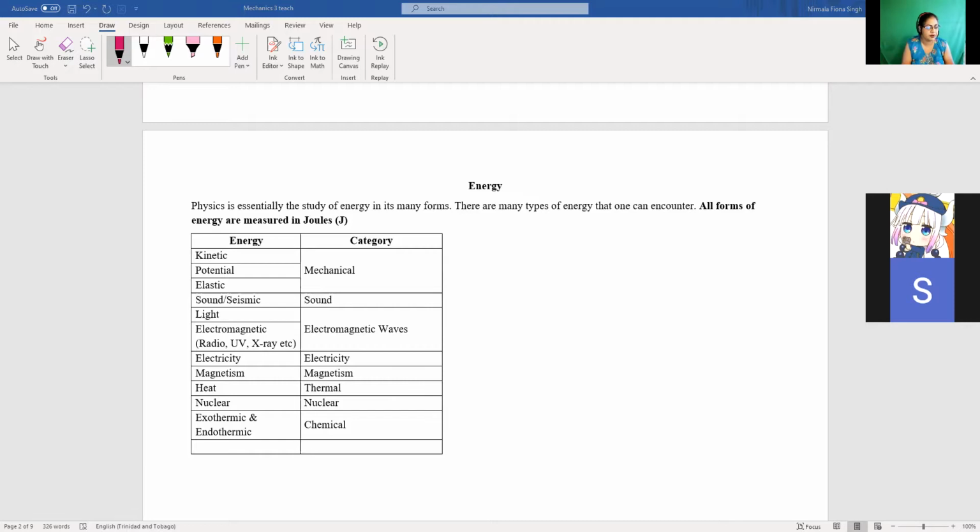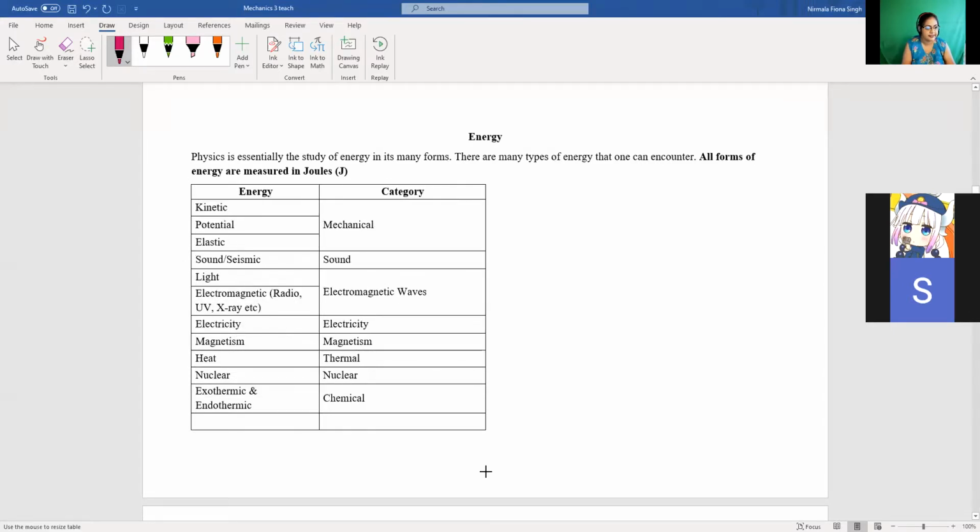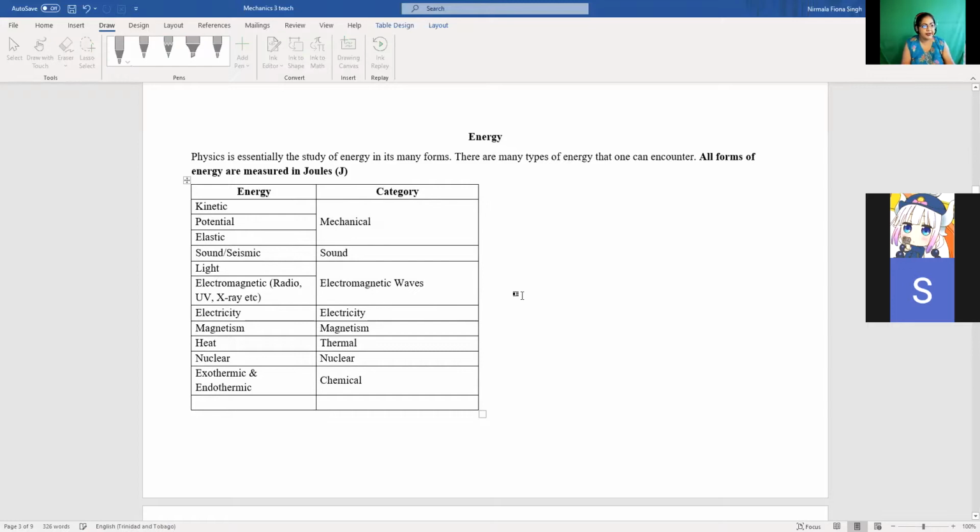So let's look at this here, where we have our different forms of energy. If you look here, we have kinetic energy, we have potential energy. Let me make this a little bigger for you all to see. We have elastic energy. As in elastic energy, if you take a spring or a string or something elastic and stretch it and you let it go, it's going to fly all over the place. So that means it has some sort of energy in it. We have sound and seismic energy.